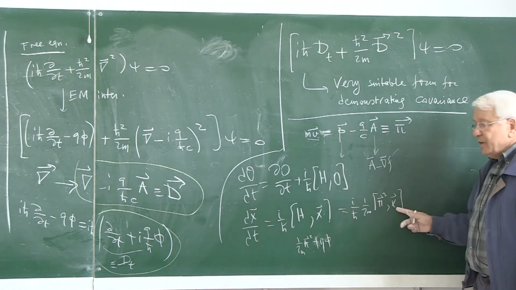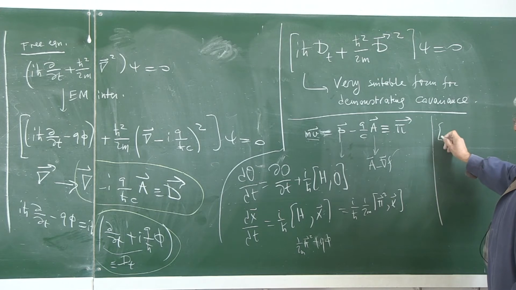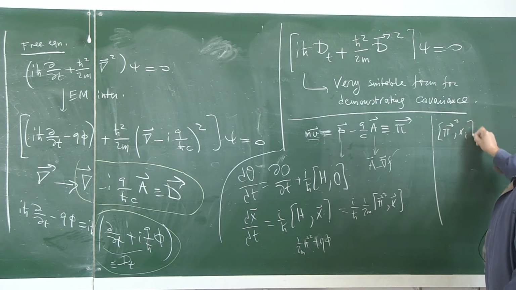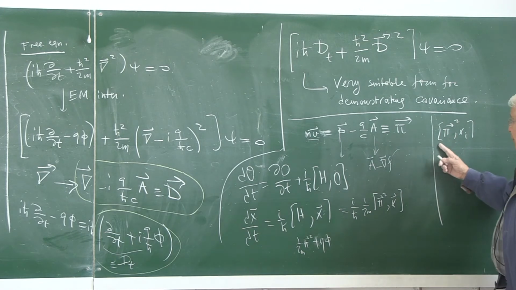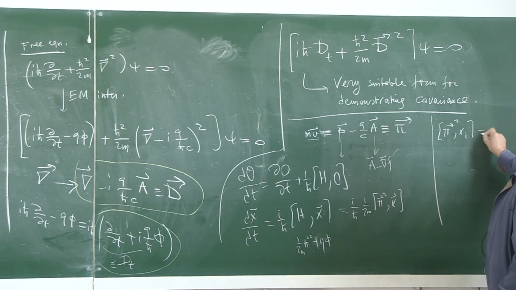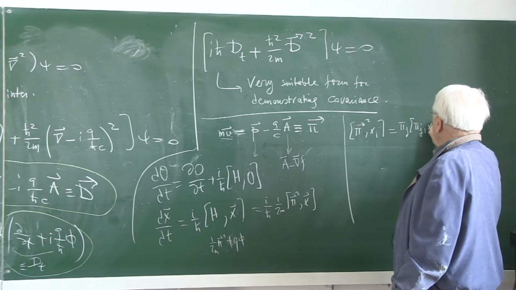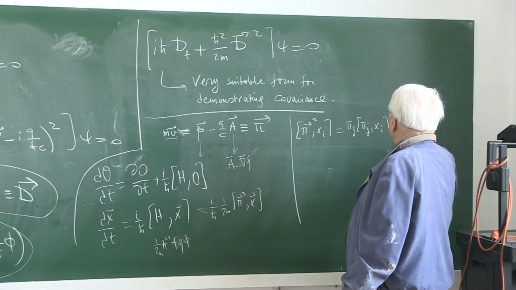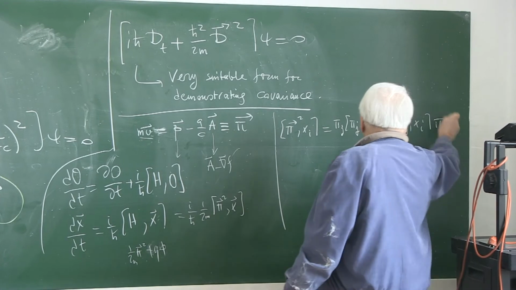It's pi squared with any component x_i. So let me compute this in here next to this. Pi squared with x_i is pi_j pi_j with x_i. Go to the index notation: first factor to the left and second factor to the right, and it has two terms in it: pi_j [pi_j, x_i] and [pi_j, x_i] pi_j.